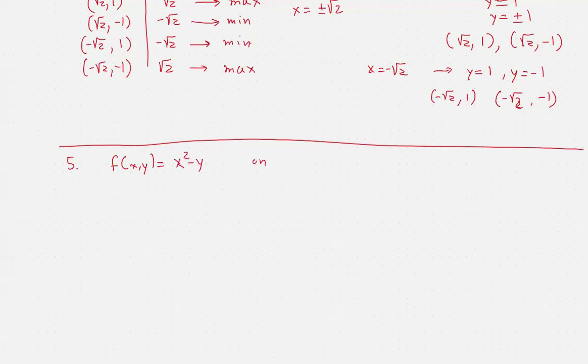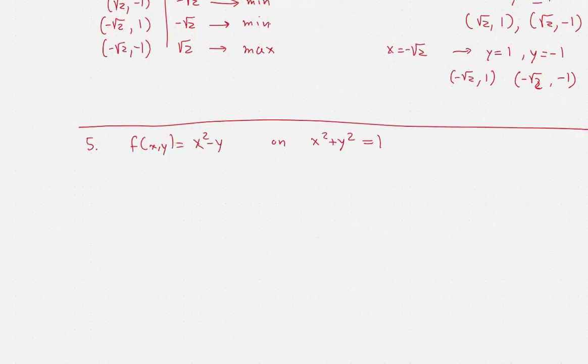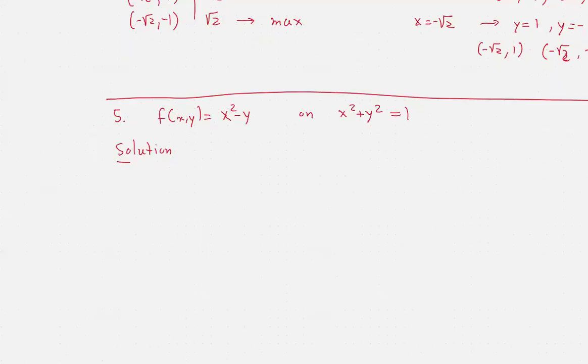So what we do is we define a function that gives us the constraint. So we define g of x y to be x squared plus y squared minus 1. And the system is, the gradient of f is lambda times the gradient of g, and g should be equal to 0.